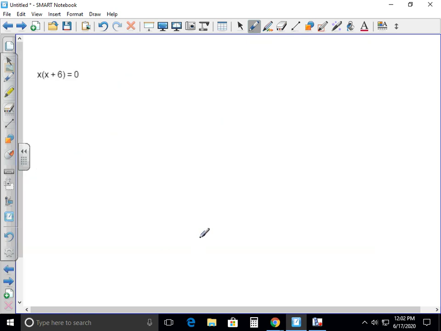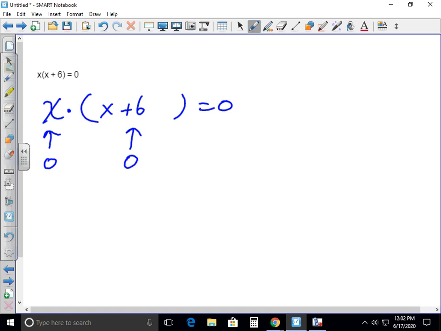So on all of these problems, we want to have a 0 on one side, a product on the other side. So here we have a product on the left. We have x times that parenthesis. And then we have a 0 on the other side. So we want to find out how can we make that equal to 0 and how can we make that equal to 0. So we take the first factor, set it equal to 0, the second factor, set it equal to 0.